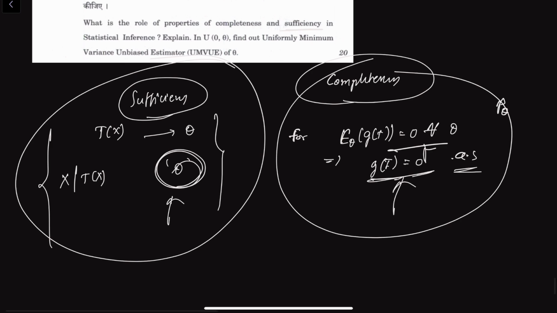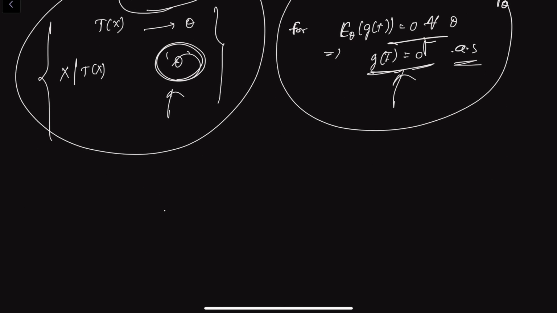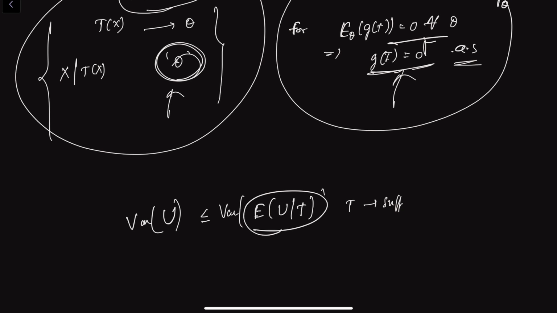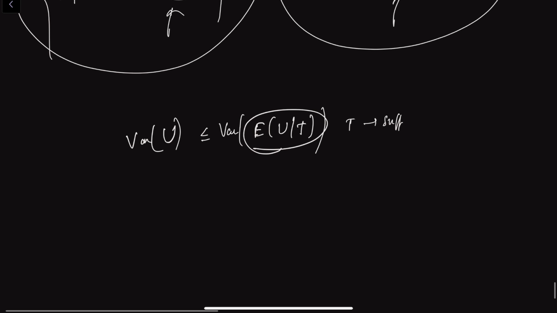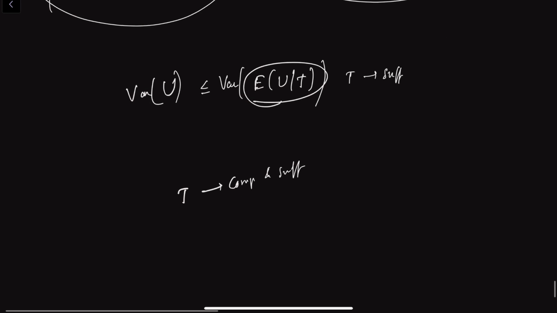Both matter because of the Rao-Blackwell theorem. The Rao-Blackwell theorem says that given any unbiased estimator U, the conditional expectation of U given T, where T is a sufficient statistic, has less variance than U. So the variance of the expectation of U given T is less than or equal to the variance of U. Basically, if T is complete and sufficient, then any unbiased estimator that is a function of T will be the UMVUE of our parameter.